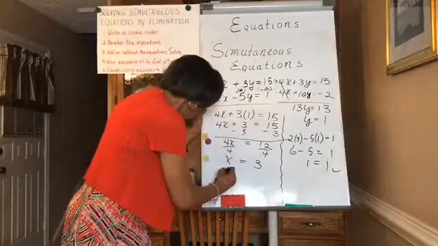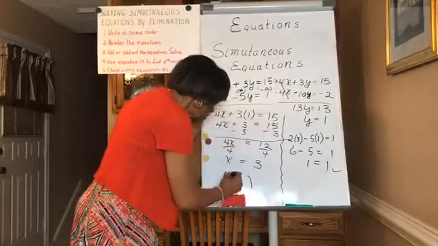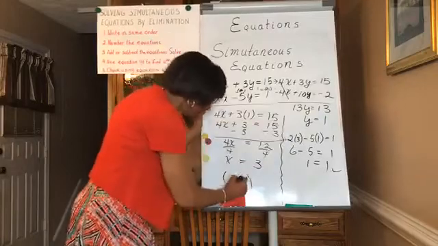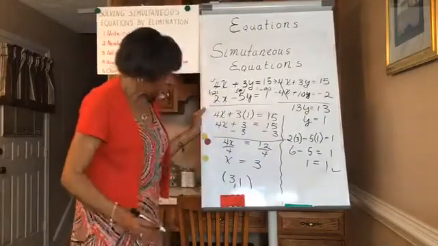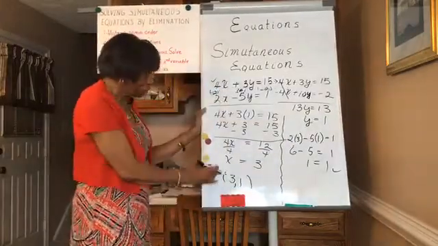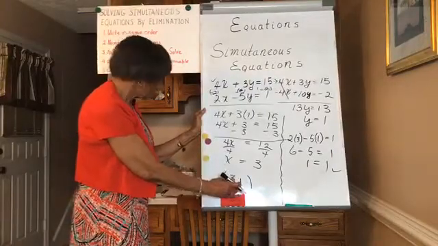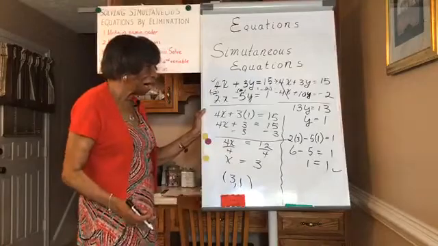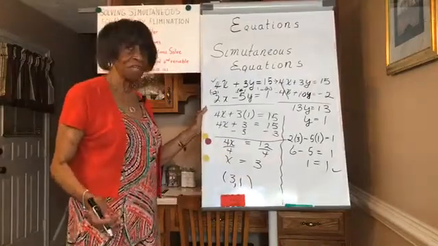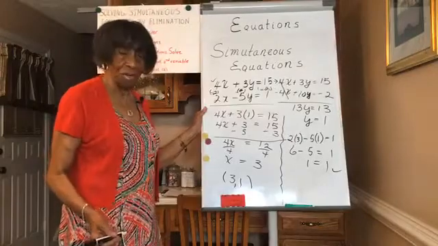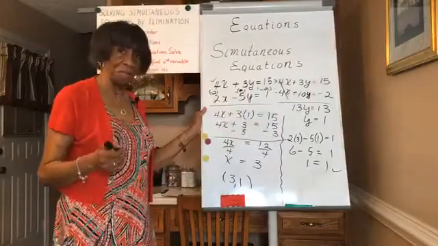So how do we express that answer? We say x is 3 and y is 1. And anyone looking at this would know that 3 is the value for x and 1 is the value for y. That's an interesting little activity, and you've solved 2 equations with 2 variables.